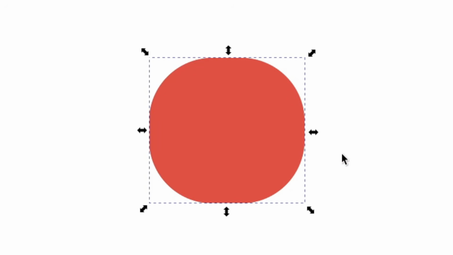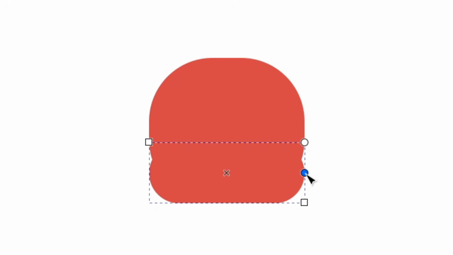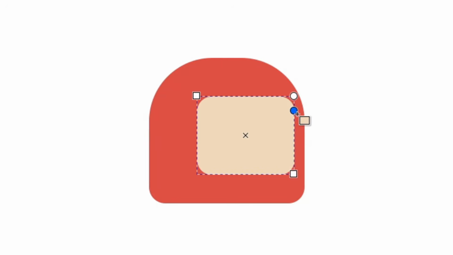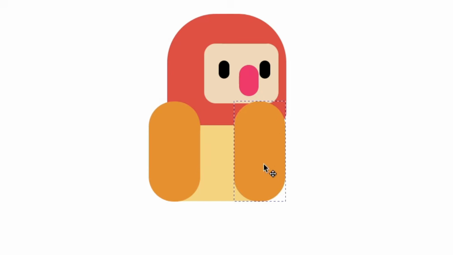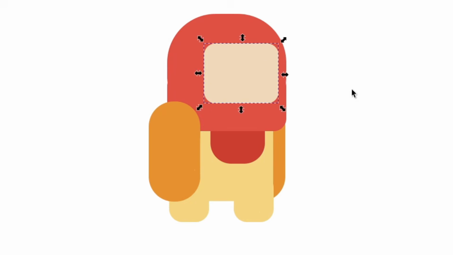If you duplicate it and move it down, you can change the radius of the bottom part. Another rounded rectangle for the face area, another for the eyes and nose. For the body, arms, legs, and one more for that detail in the chest. And there is our living, breathing hero, made with only rectangles.